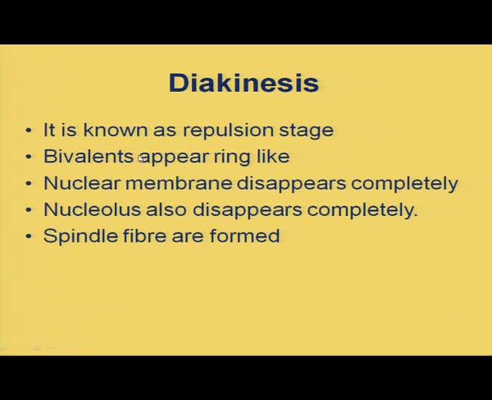Here bivalents will appear as ring-like structures. Even after repulsion they remain as a single group. It appears ring-like due to repulsion between the homologous chromosomes. The nuclear membrane disappears completely. The nucleolus also disappears completely at this stage and spindle fiber formation is almost complete.